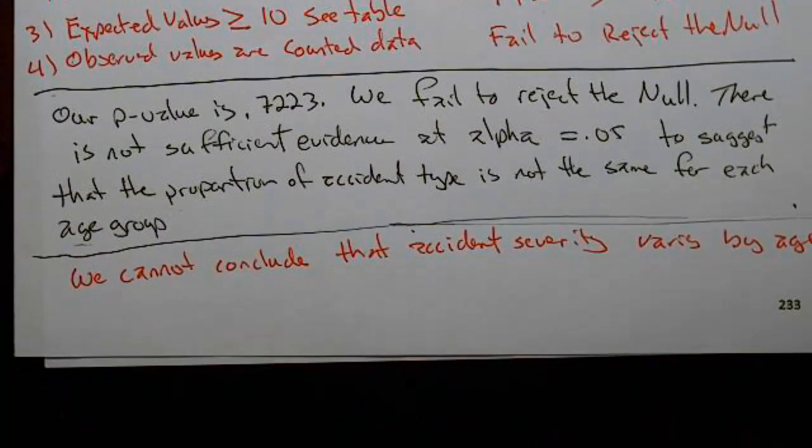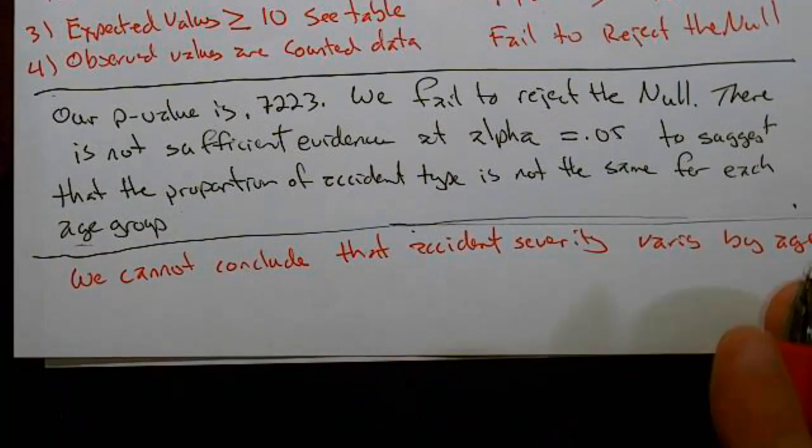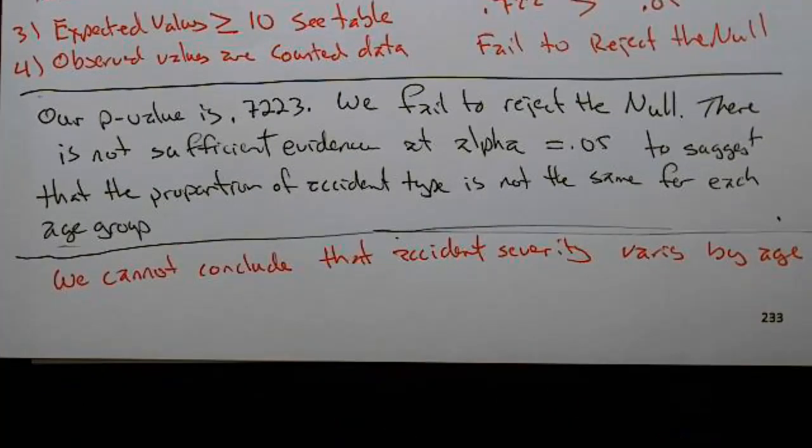Because that's what they ask. Is there evidence that accident type varies by age? All right, and we cannot conclude that accident severity varies by age. There's some evidence, but there's not enough evidence. Matter of fact, there's not very much in this case. We ended up with a very, very large p-value. All right, that concludes this one. Thank you.